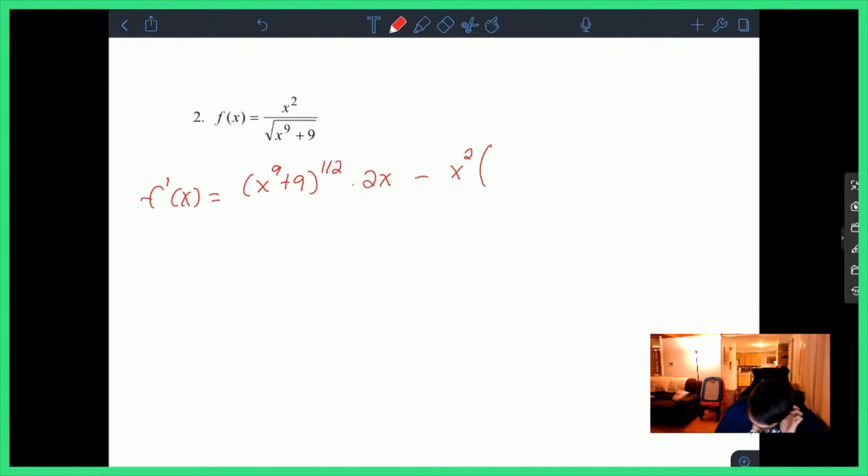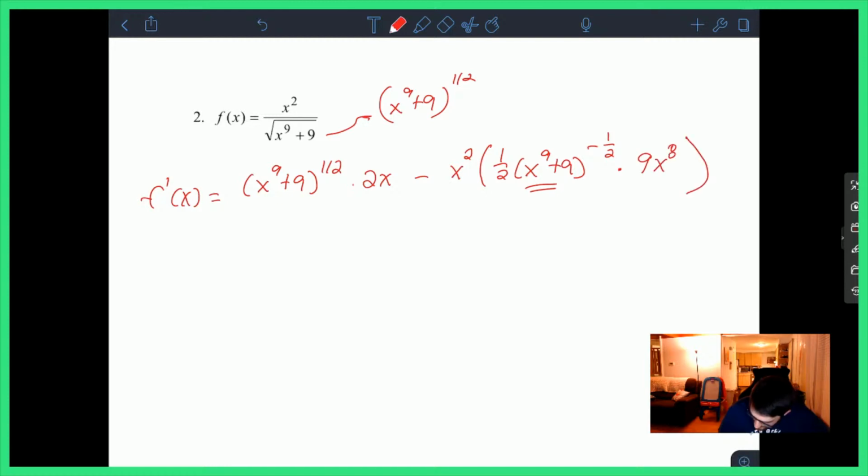So if this right here is x to the 9th plus 9 to the 1/2, its derivative, the 1/2 would have to come down. x to the 9th plus 9 to the -1/2 power times the derivative of the inside. The derivative of the inside is 9x to the 8th power. And that is everything. All divided by the bottom squared. And the bottom is a radical, so if you square a radical, the radical just goes away. So this is just equal to x to the 9th plus 9.